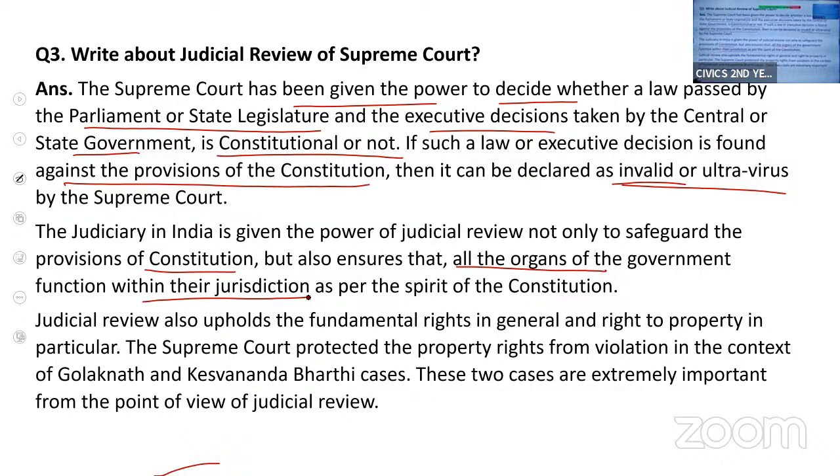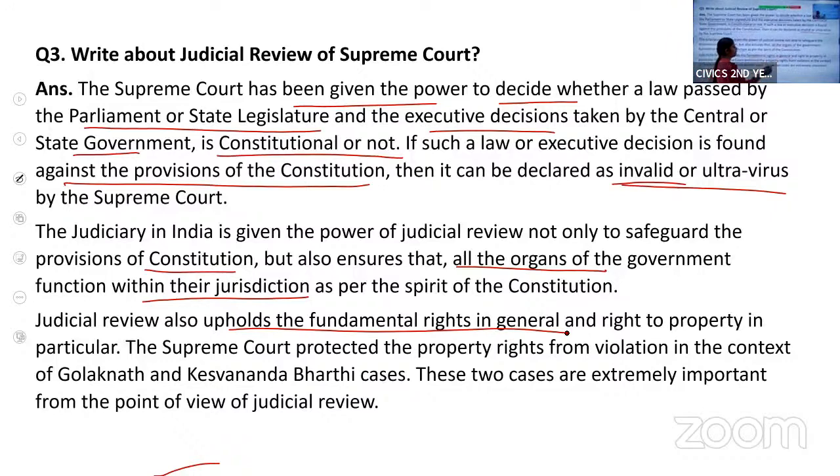It is protecting the constitution as well as ensuring that the legislature and executive are not misusing their powers. And it also upholds the fundamental rights of the people in general.